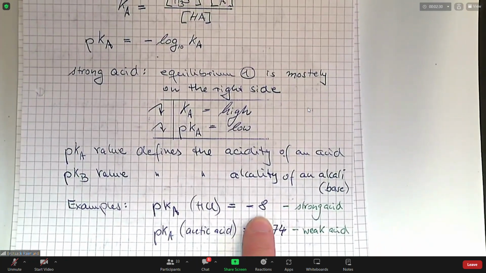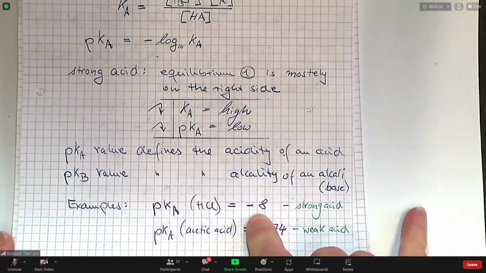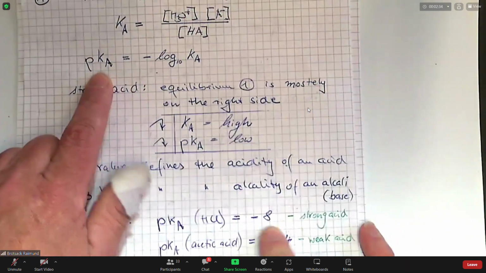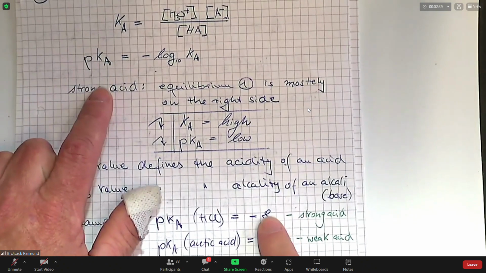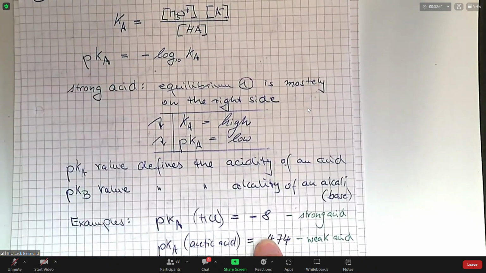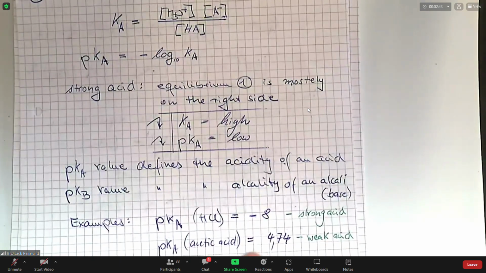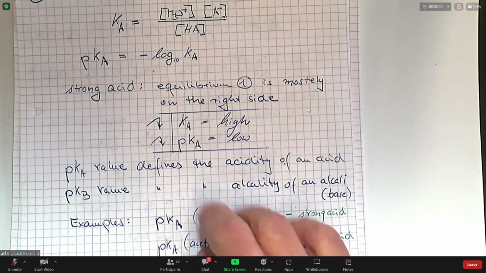-8 is a very low number. So here a small number means a strong acid. +4 is quite big compared to -8. It's a weak acid, in this example the acetic acid.